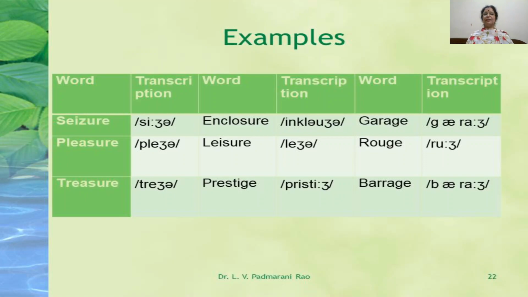Normally, the Indian pronunciation ends with j, so just give it a thought, it is zh. G-A-R-A-G-E, garage. R-O-U-G-E, rouge. And B-A-R-R-A-G-E, barrage.